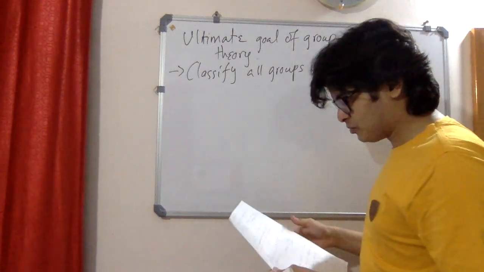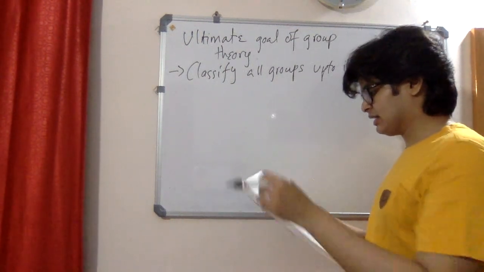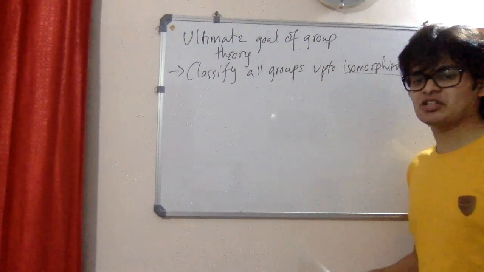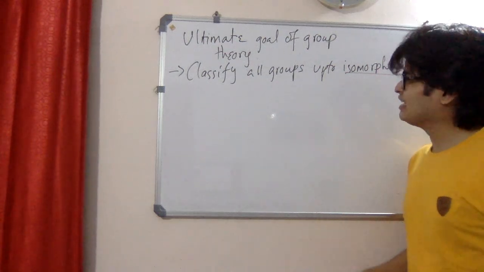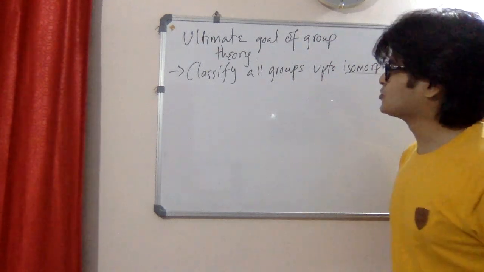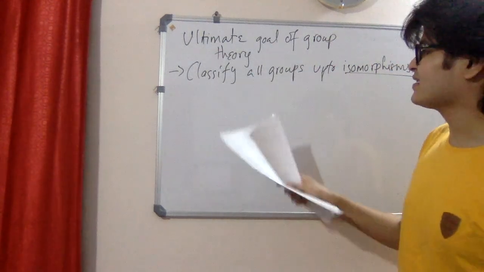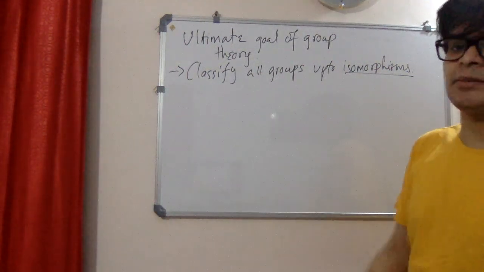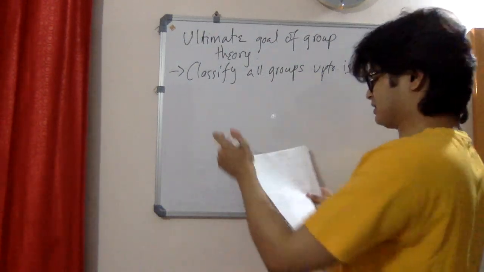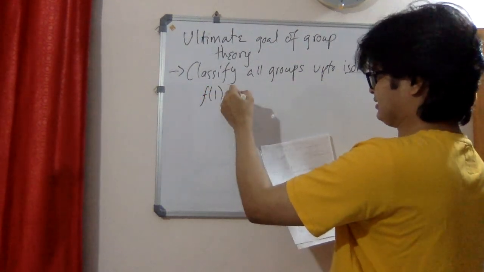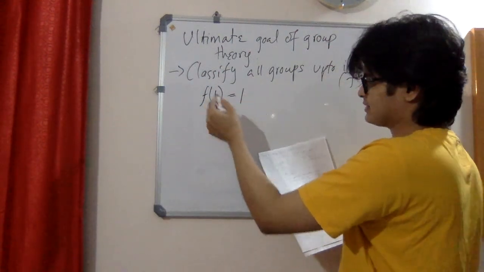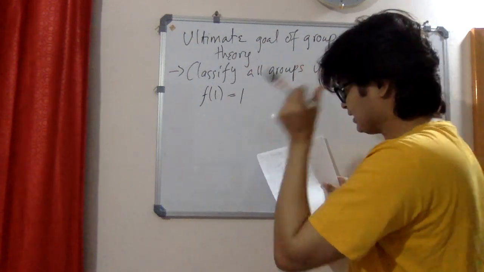Now, by isomorphism, I mean it's basically a bijection which preserves the group operations as well. We will get into the formal definitions very soon, but here is just an overview of what exactly the aim of group theory is. It's a simple bijection. That means if f is an isomorphism, then f of 1 is 1. That means the identity is mapped to the identity.